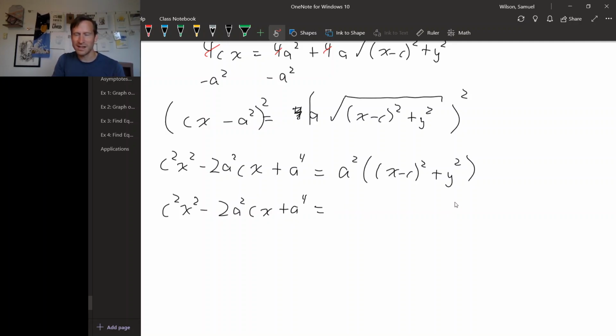On the right-hand side, let's start multiplying out things. So we'll distribute this a². We get a² times this (x − c)², and that's x² − 2cx + c². And then distribute the a² to y², so plus a²y².